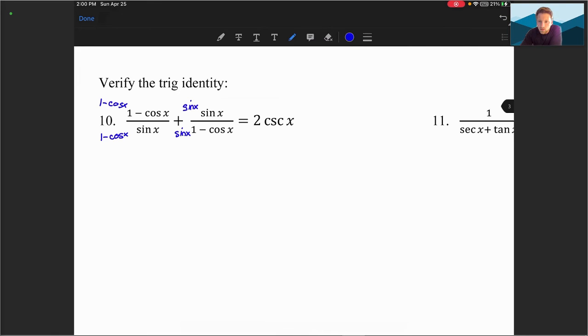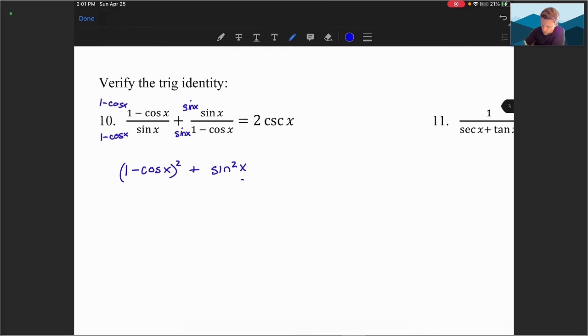So let's consider what we're going to get here. We have 1 minus cosine of x. Well, that's going to be 1 minus cosine of x times itself, or we'll square that. And then plus, we'll have sine times sine, which is a sine squared x.